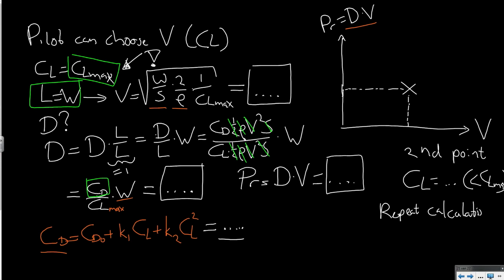And if you would do that, you would find another point on the graph and you would be able to construct all the points in the performance diagram and draw a nice line through it.